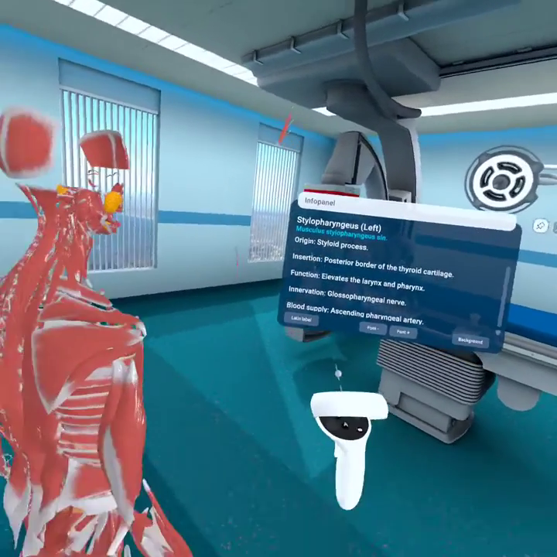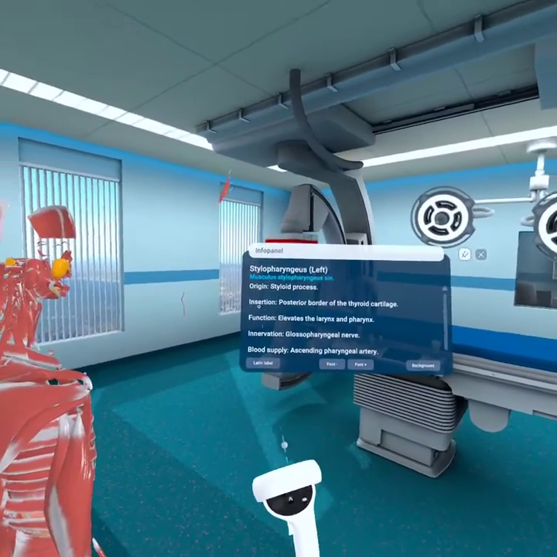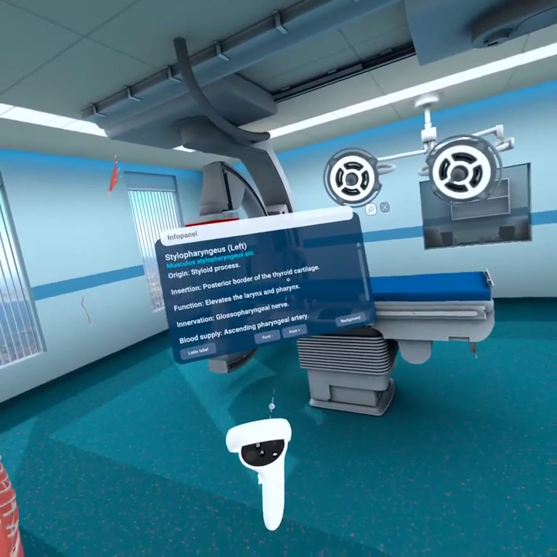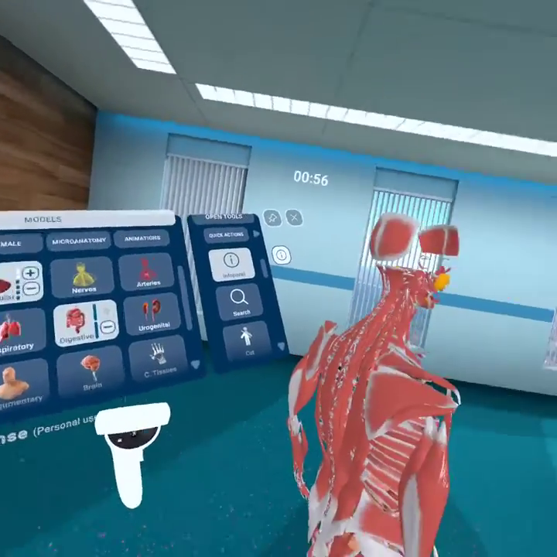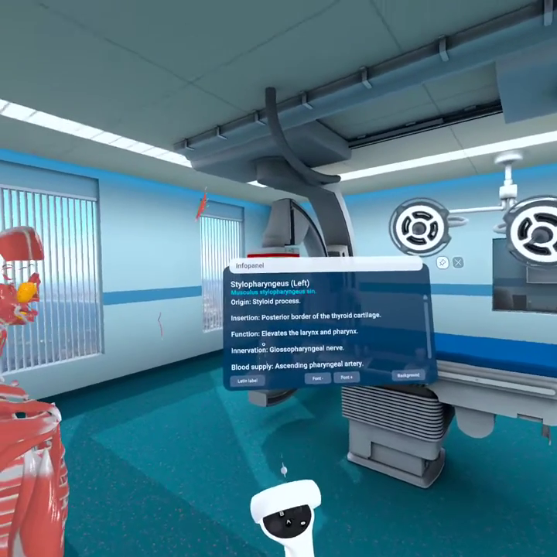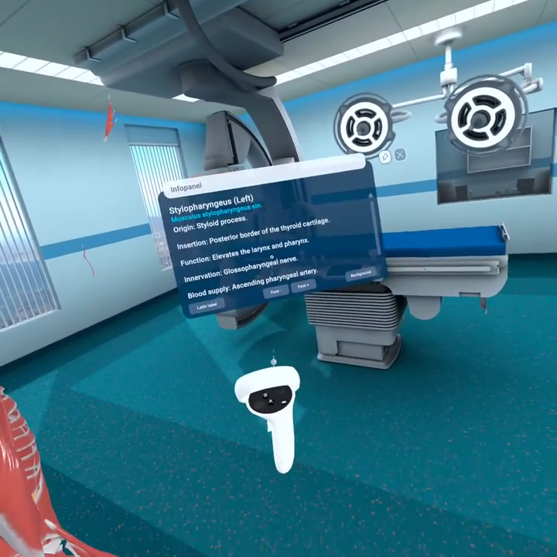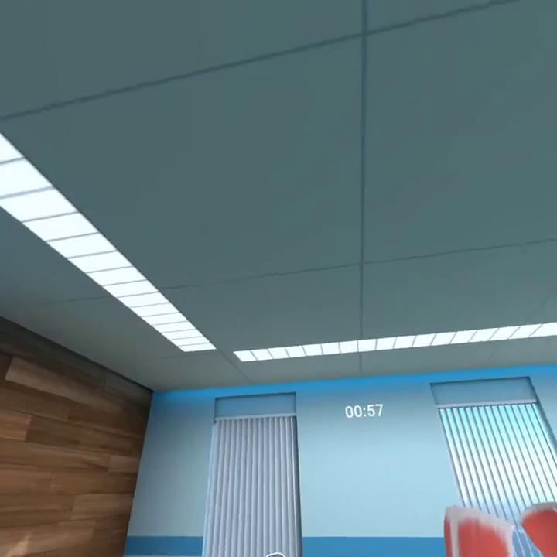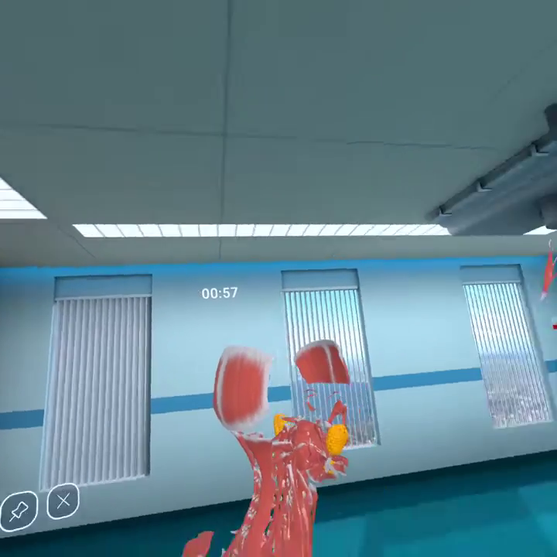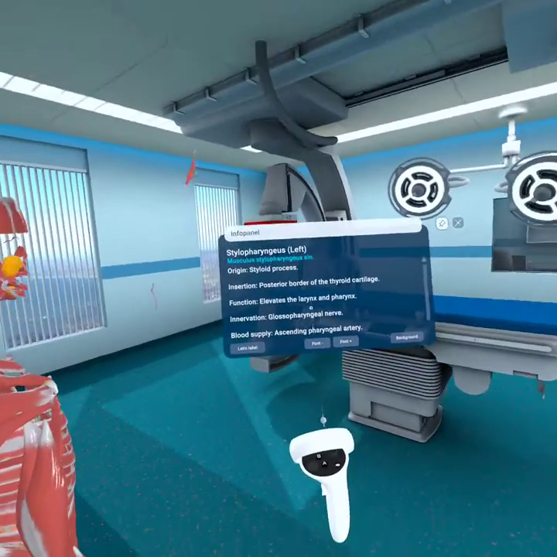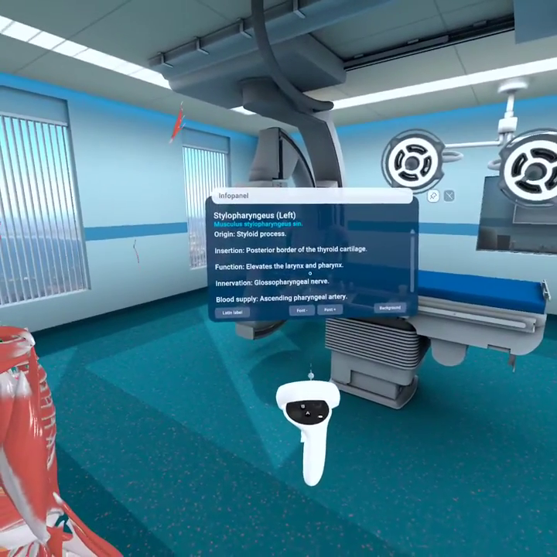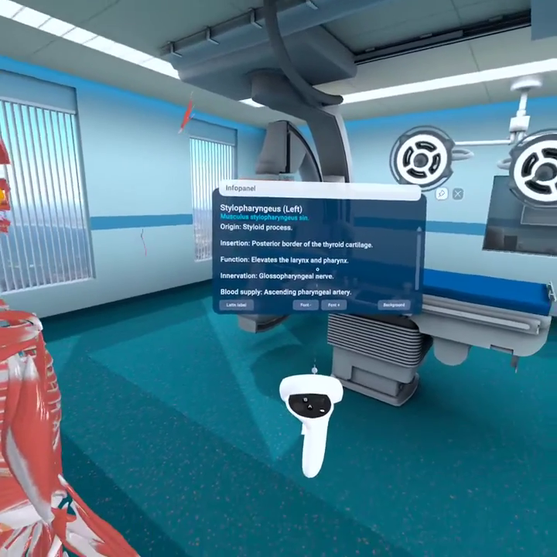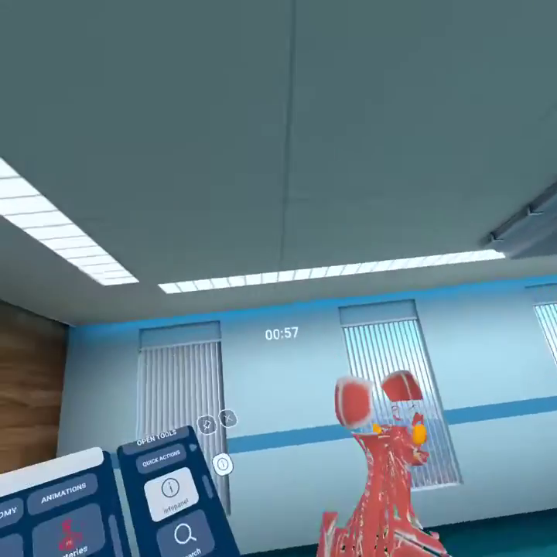It originates from the styloid process and inserts on the posterior border of the thyroid cartilage. We'll see that when we get in there. And it functions to elevate the larynx and the pharynx, same as the other one she mentioned, the salpingopharyngeus. So those elevate the larynx and pharynx, probably during speaking and swallowing.